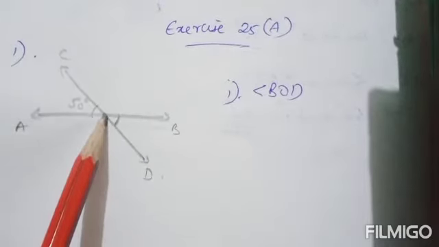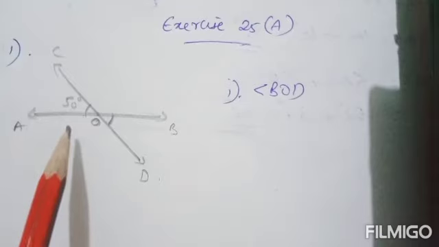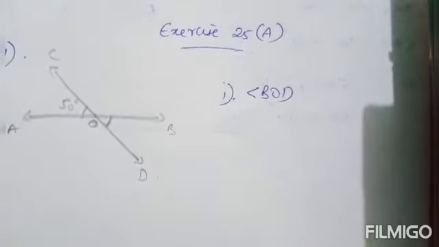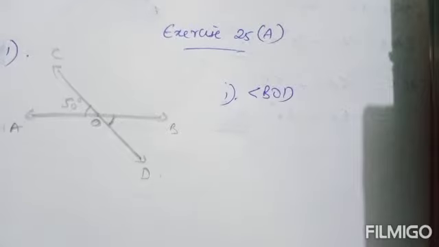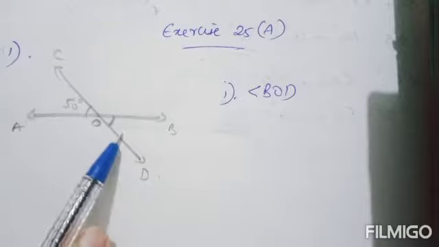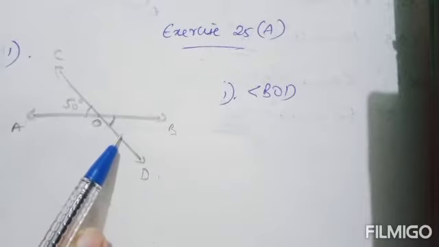By property 1, the vertically opposite angles are always equal. So if angle AOC is 50 degrees, angle BOD will be 50 degrees.